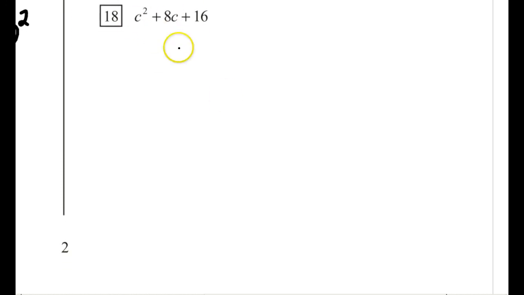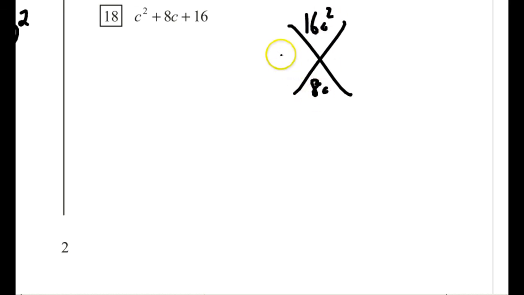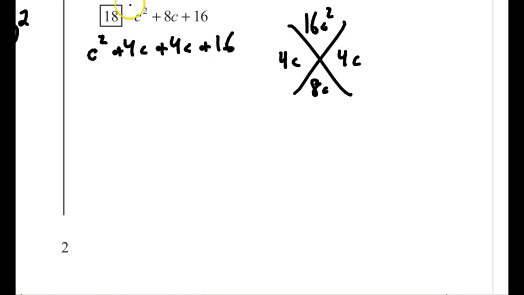And lastly, just what two numbers multiply to 16c squared and add to 8c, and you'll see you get 4c and 4c. And go through the grouping process, or the box, whatever you prefer. Through the first two, through the second two.